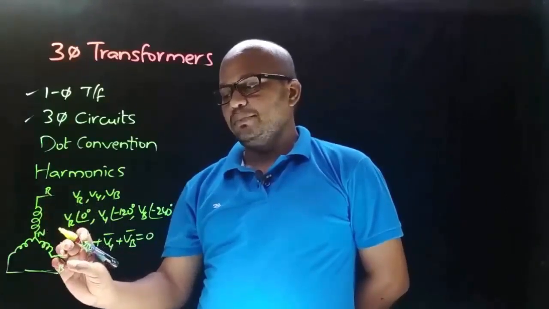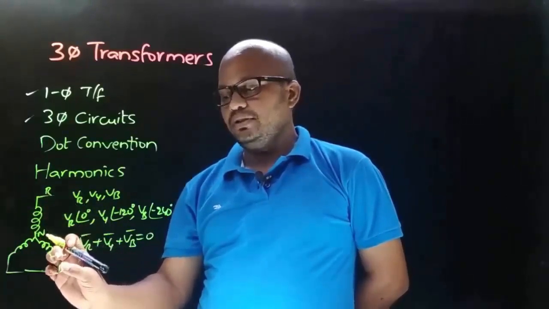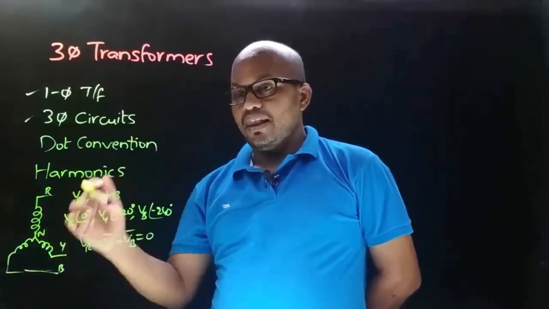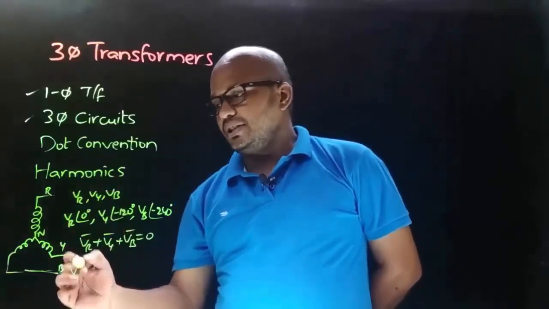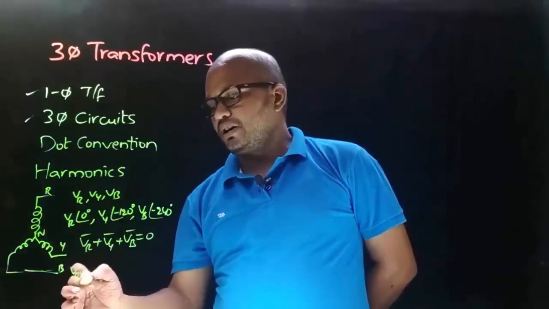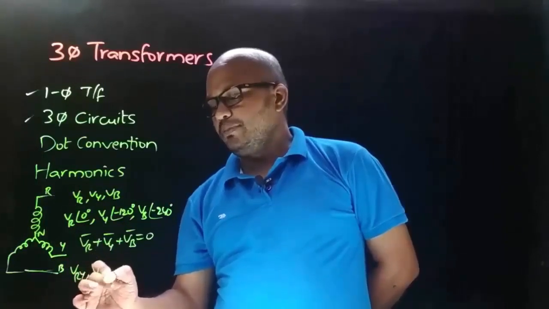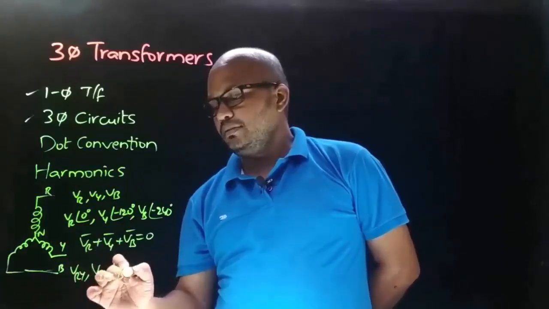The voltage taken across any two points, that is voltage between R and Y, or between Y and B, or between B and R, is called line voltage, and that is represented with VRY, VYB or VBR.